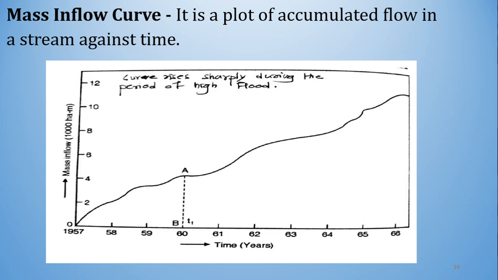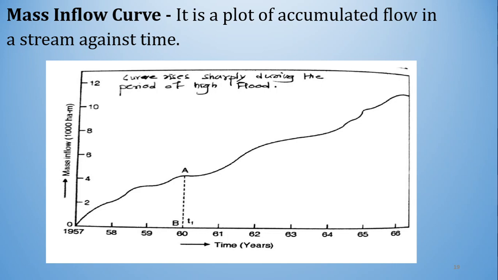As you can see, on the x-axis the time varies in years from 1957, 58, 59, 60, and likewise several years are shown, and on the y-axis the mass inflow in 1000 hectometers is shown. Every year there is a cumulative addition of the inflows, and the corresponding result is the curve which is called the mass inflow curve.